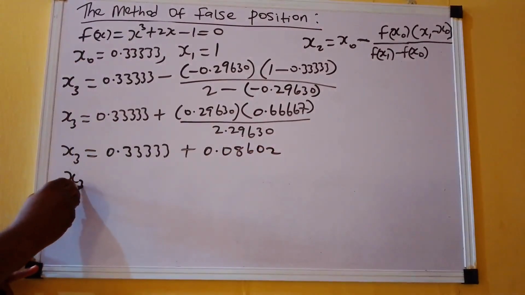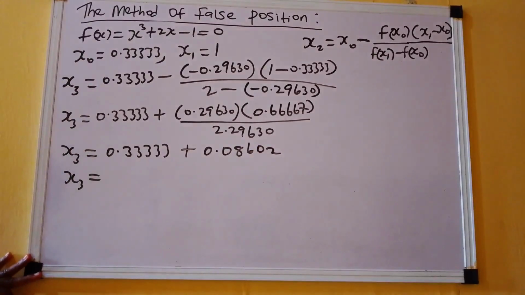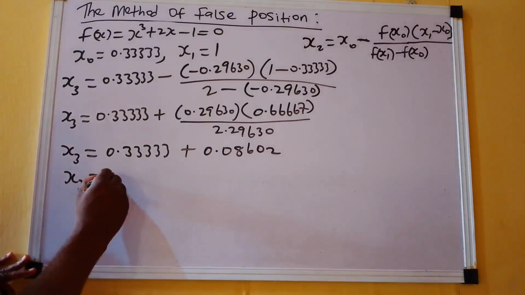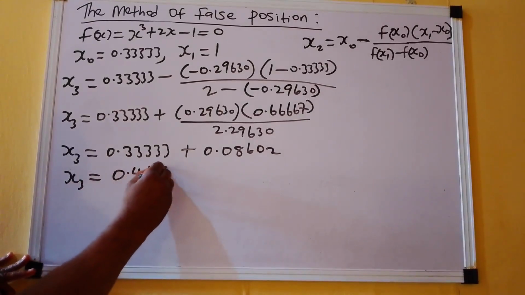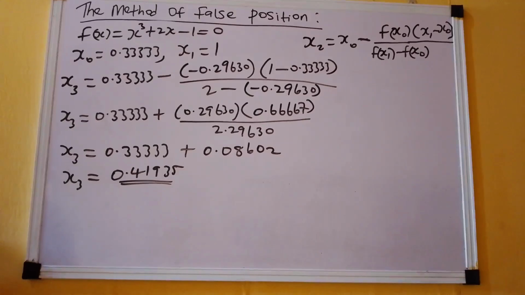So our x3, when you now add it together, will now be equal to 0.41935. So this is our x3.